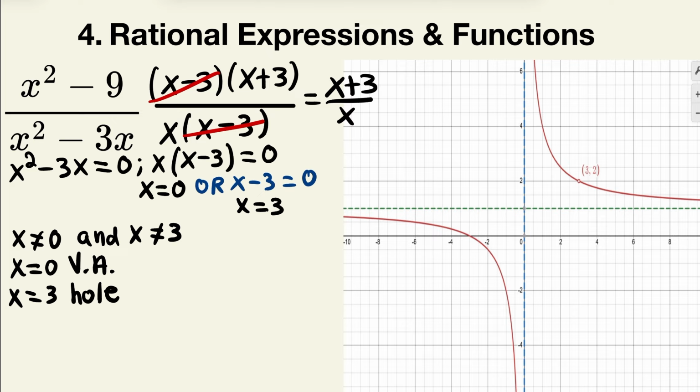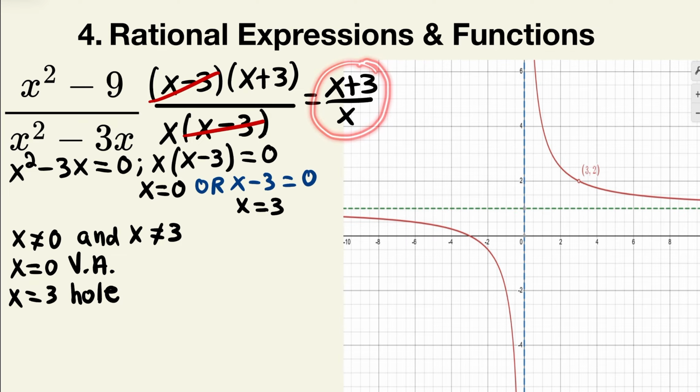Okay, so the next thing we can do here is find the exact coordinates of the hole. So in order to do that, we will plug in what we solved for x, which is 3, into the simplified expression, x plus 3 divided by x.